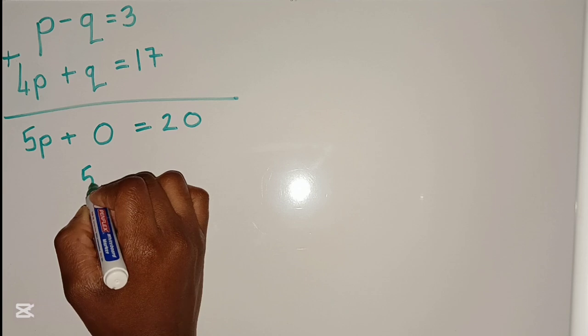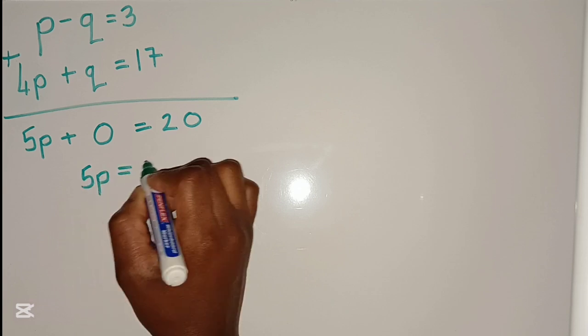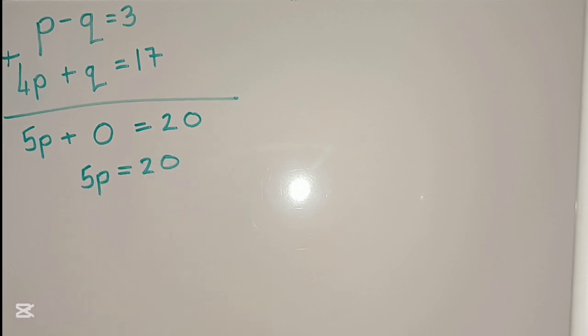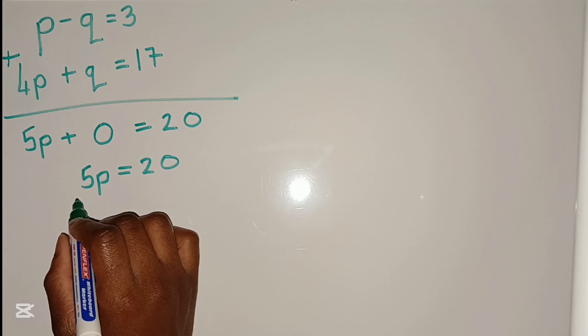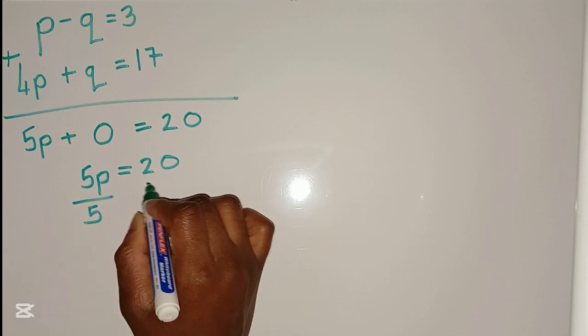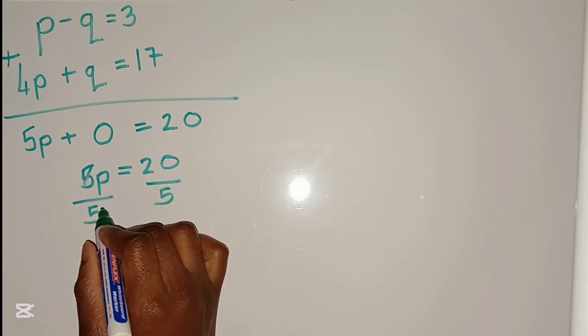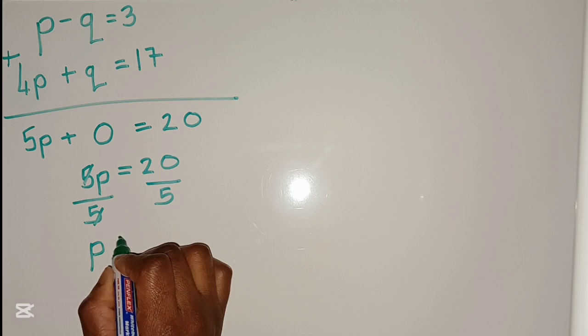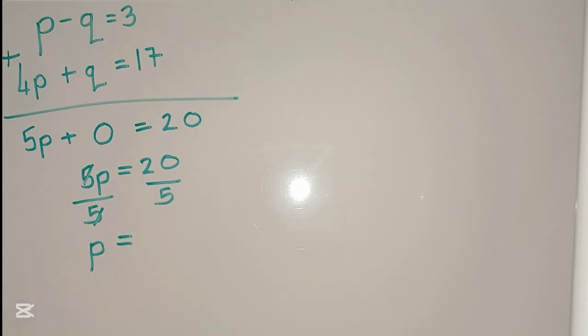So it looks like this: 5p equals 20. Let's isolate our p variable by dividing both sides by 5. The p comes down as it is. 20 divided by 5 is 4. The value for p is 4.